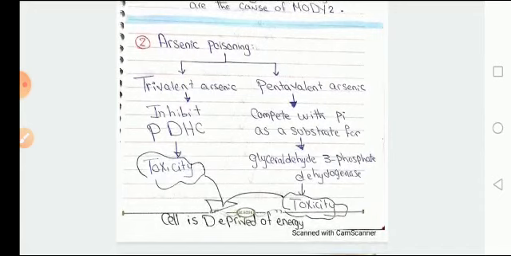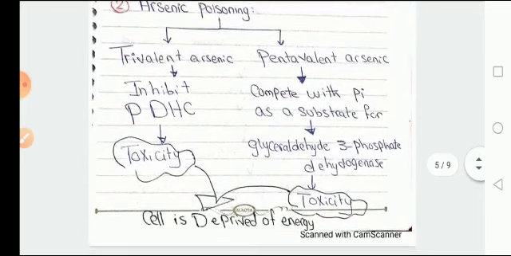There are two types: trivalent arsenic, which inhibits PDH complex, which is important for the link reaction, which we will discuss in the coming lectures. The second is the pentavalent arsenic. The arsenic competes with the phosphate group as a substrate for glyceraldehyde 3-phosphate dehydrogenase.